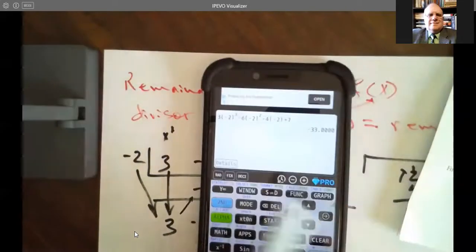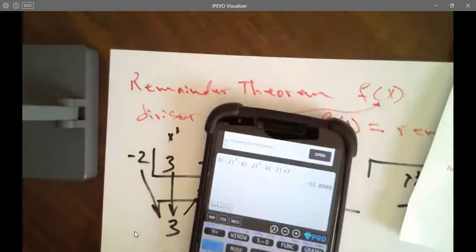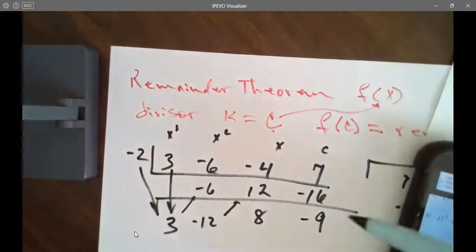Negative 3 cubed minus 6, why is this not? Okay, something's wrong.